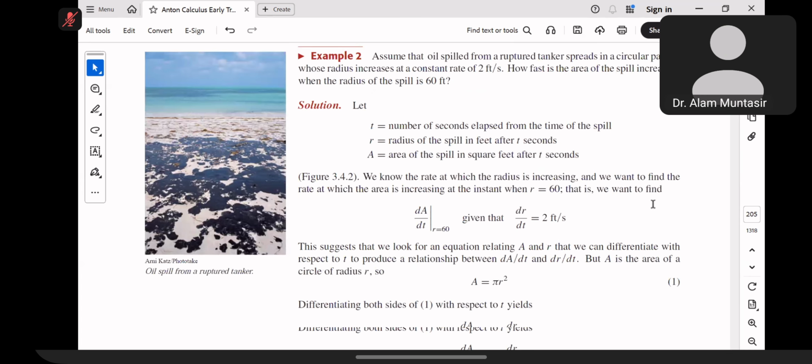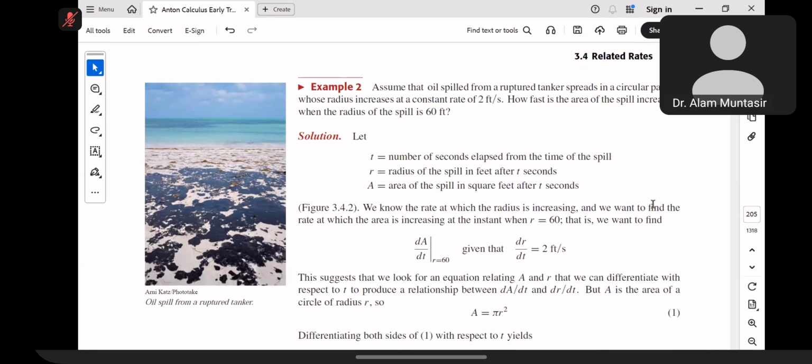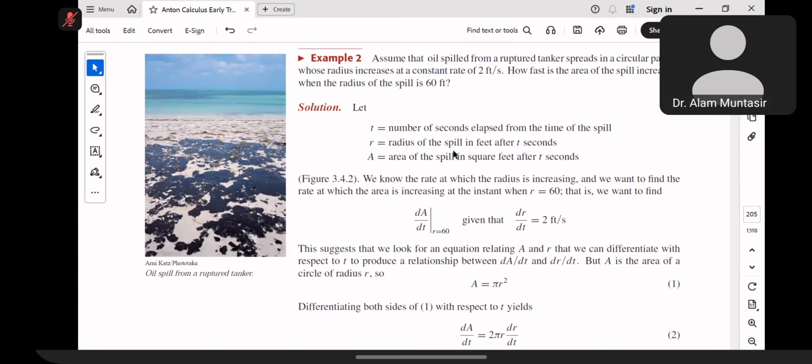Okay. So moving to the next problem now. Just read the statement of the problem, and I'm giving you 2 minutes to read the statement and then I will discuss.